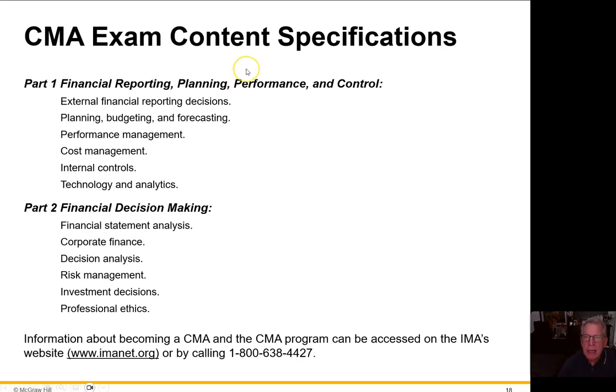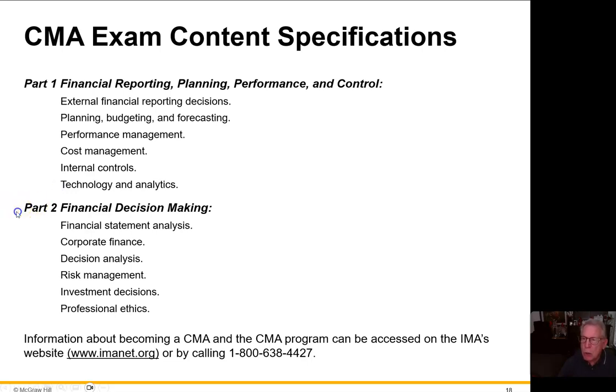Now, the CMA content, we have the parts indicated here. Part 1 is financial reporting, planning, performance, and control. And we have external financial reporting decisions, planning, budgeting, and forecasting, performance management, cost management, internal controls, technology, and analytics.